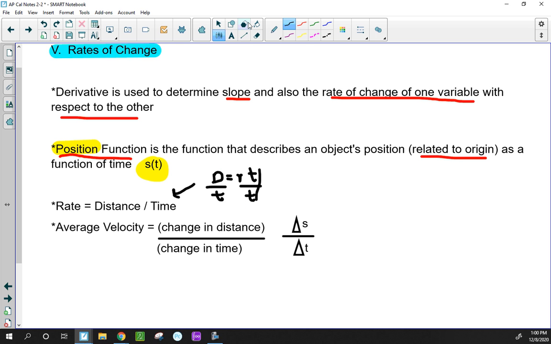When you hear the words average velocity, that is a change in distance over a change in time. And so delta s, position distance, over time. And that's none other than just using a normal slope formula.